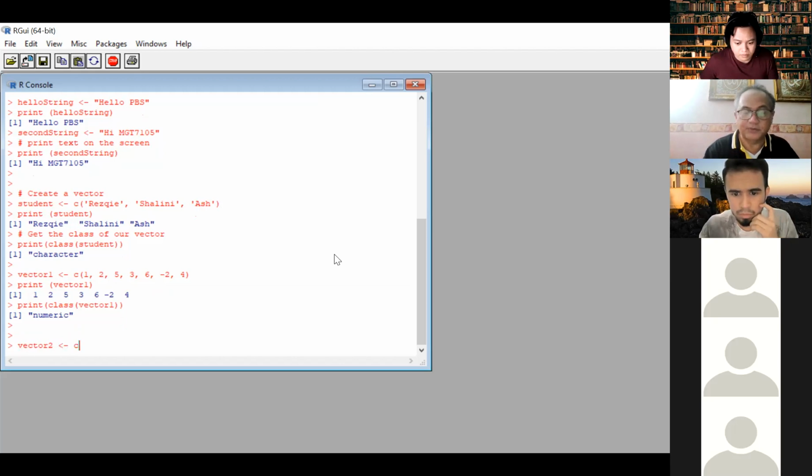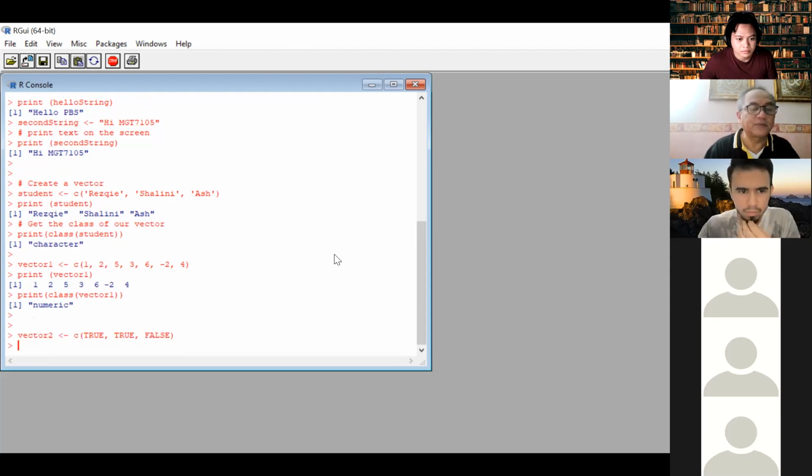You can put C, and then after C you can say TRUE, false. So this is vector 2, with TRUE, false, and then you can print the vector.